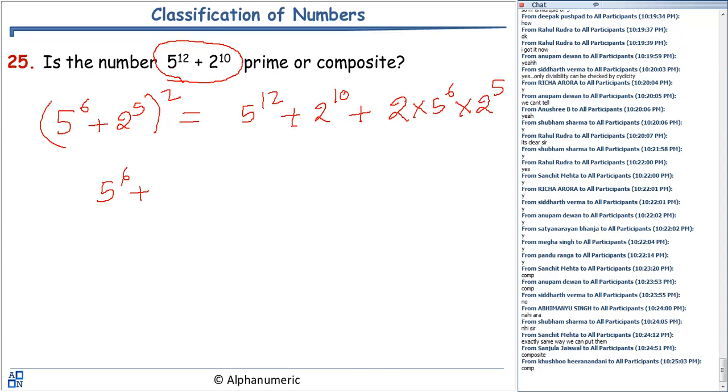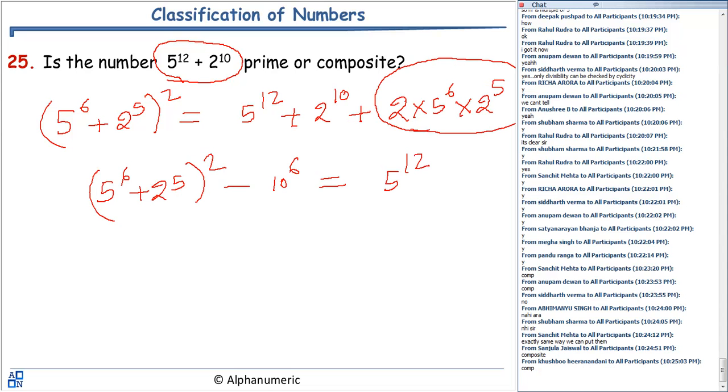Now remember this value. This value is what? This value is actually 10 raised to power 6, equal to 5 raised to power 12 plus 2 raised to power 10. Now this 10 raised to power 6 can be written as 5 raised to power 6 plus 2 raised to power 5 का whole square minus 10 raised to power 3 का whole square.